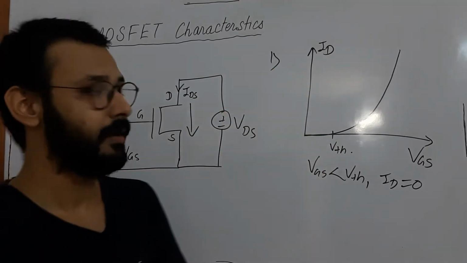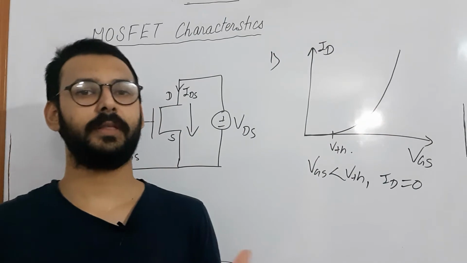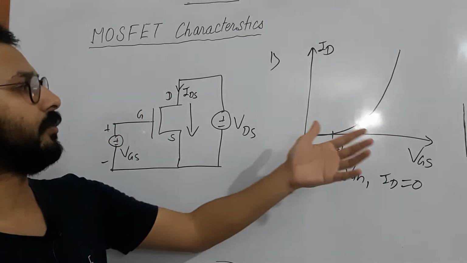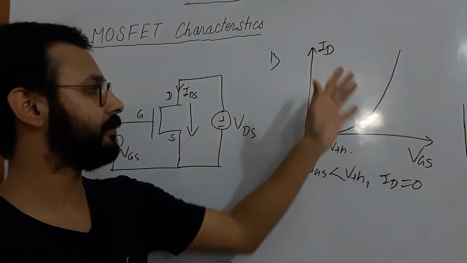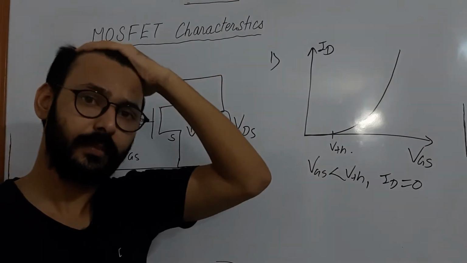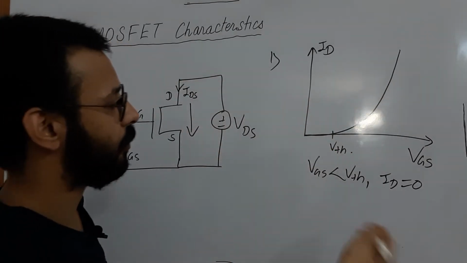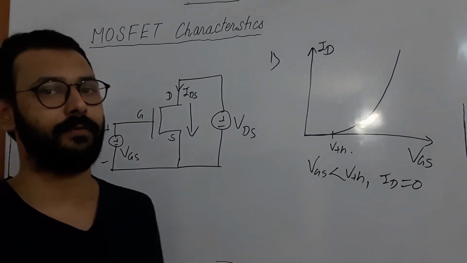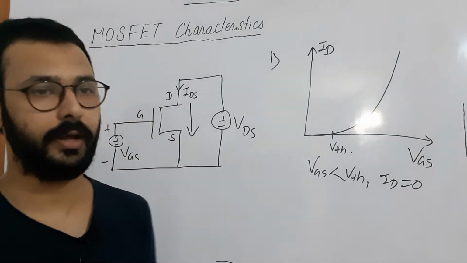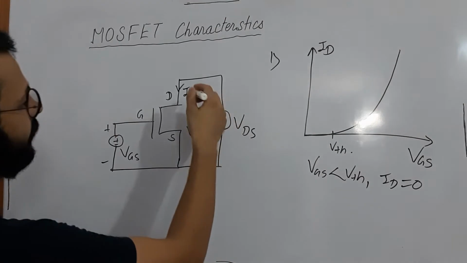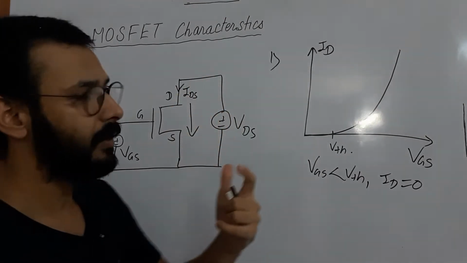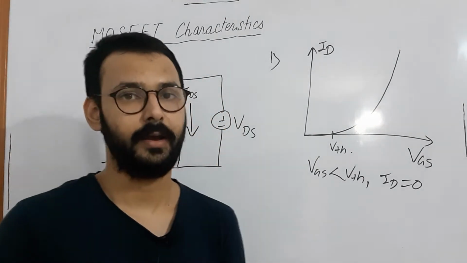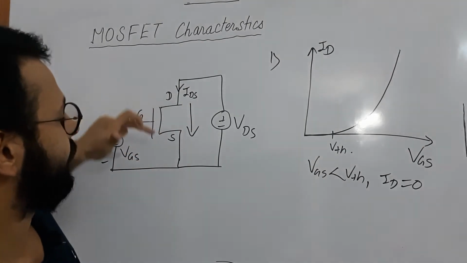Second point, some of you might be thinking about how I knew this curve, or whether I just drew the curve directly. How do I know what the values are? The very simple practice that we have already done in our school days: I will take one ammeter and connect it between the drain and source.